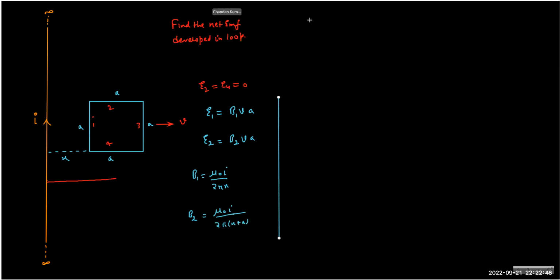And therefore, with the direction of the EMF, each bar will act as a cell like this. And in the loop, these two cells will oppose each other because they are facing plus to plus, isn't it? The net EMF will be how much? The big minus the small. Understood? Yes.